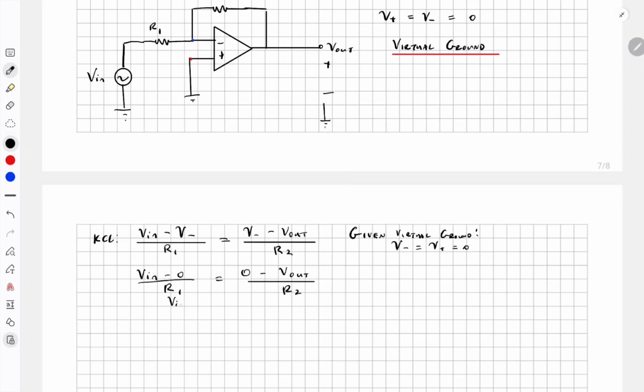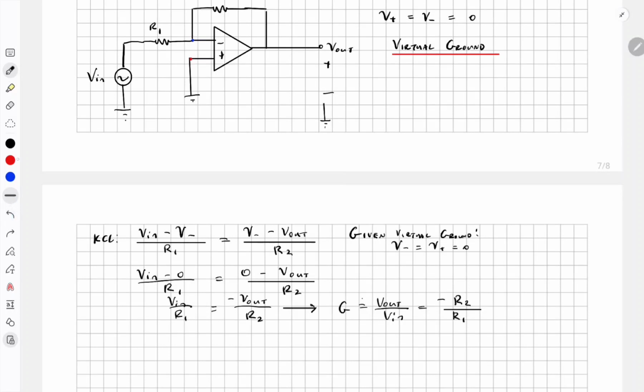So V in divided by R1 is equal to negative V out divided by R2. Then the gain, which is defined as V out divided by V in, is equal to negative R2 divided by R1. You just multiply it there and then divide by V in.